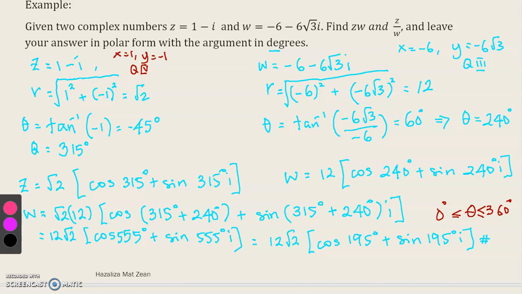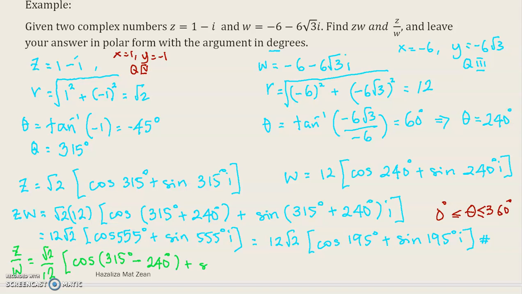And then to find the quotient, we want z over w. The modulus for z is √2 and the modulus for w is 12. We don't need to simplify this one, just leave it as it is. But the argument is going to be 315 minus the argument for w, which is 240.